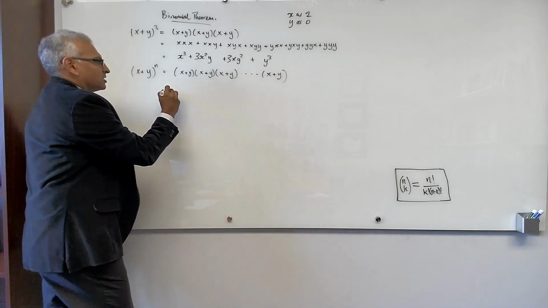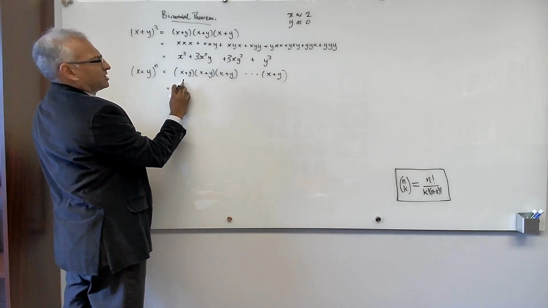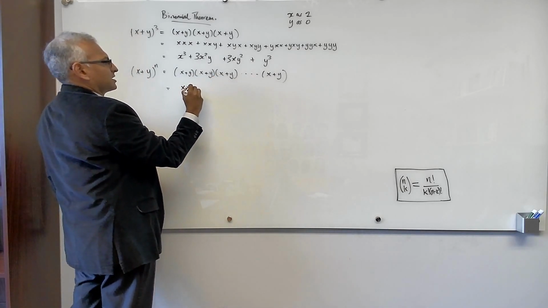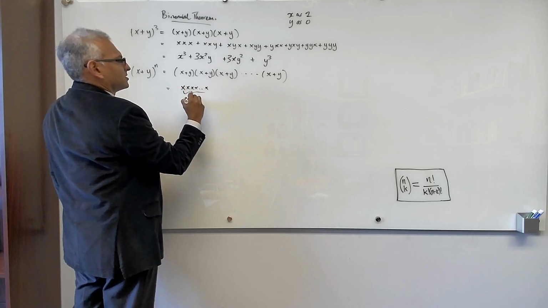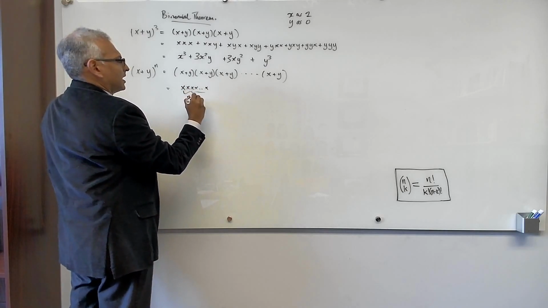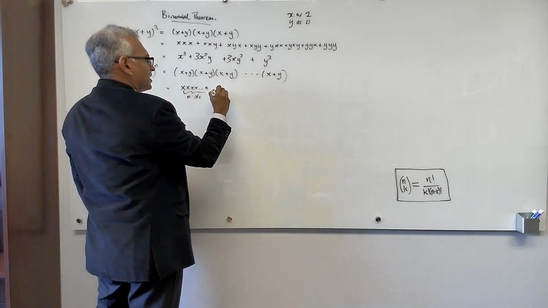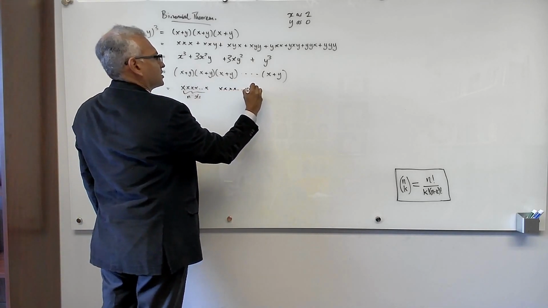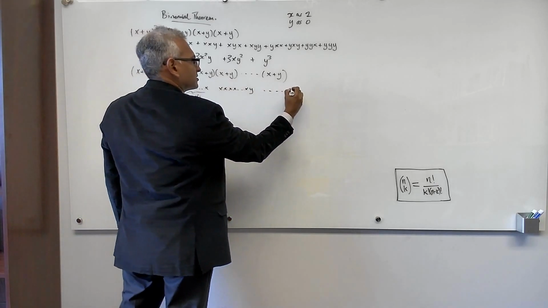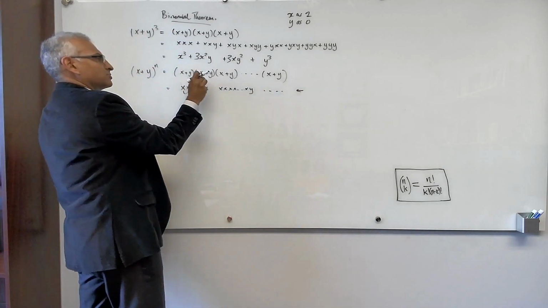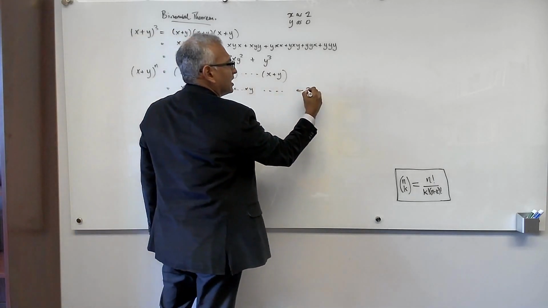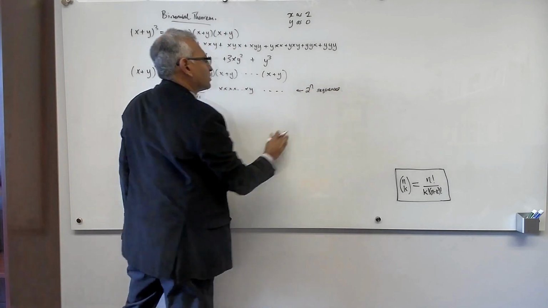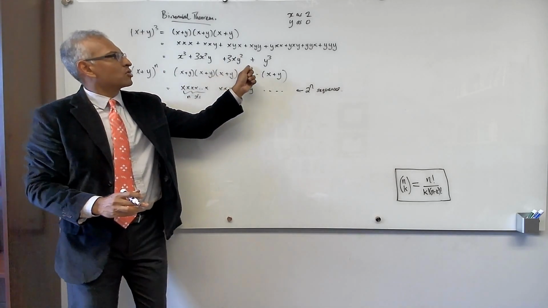For example, the first sequence might be all x's, so n x's, and I'll get maybe x, x, x, and so on, y. So I'll get a bunch of sequences. How many? I get 2 times 2 times 2 and so on, so I'm going to get 2 to the n sequences.